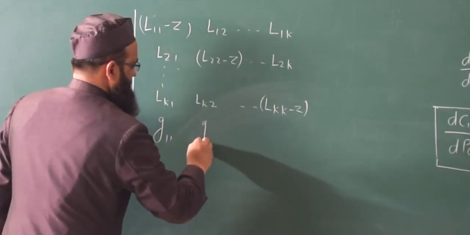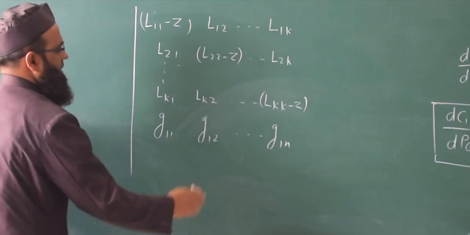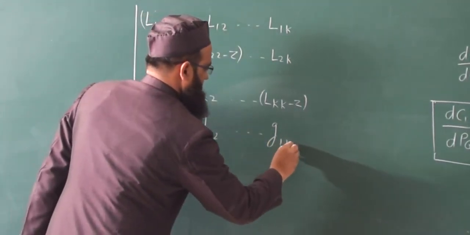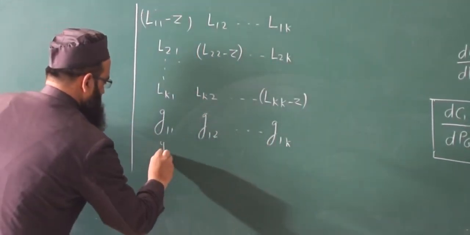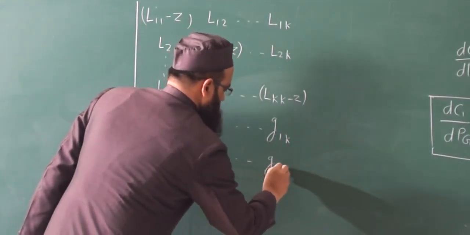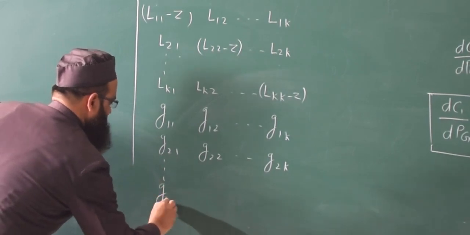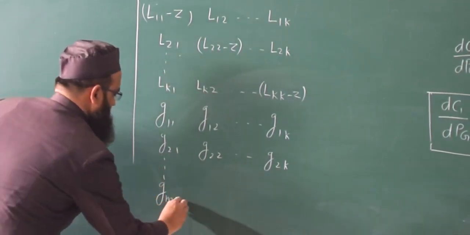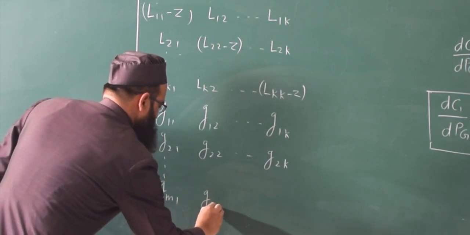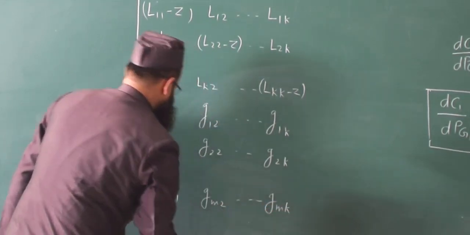Then G11, G12, G1n, here n is k, and similarly G21, G22, G2k. Suppose the total number of constraints is m, so you will get Gm1, Gm2, Gmk.